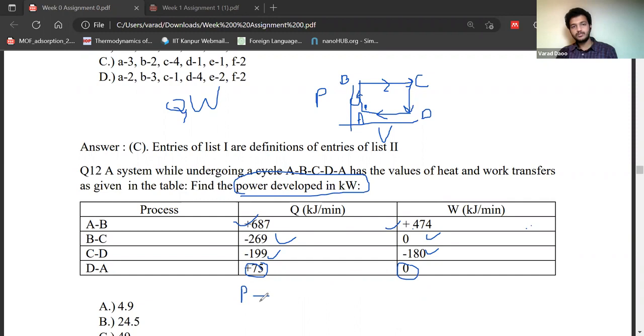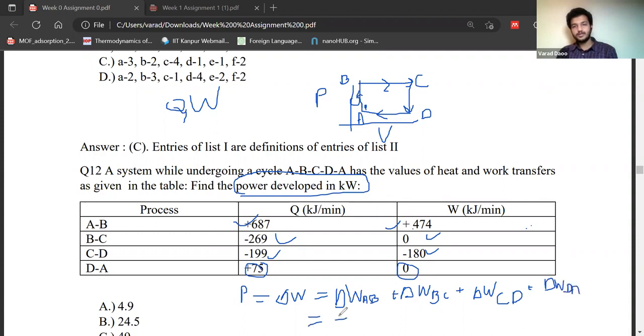So power is equal to delta W, and delta W will be what? Delta W AB plus delta W BC plus delta W CD plus delta W DA.